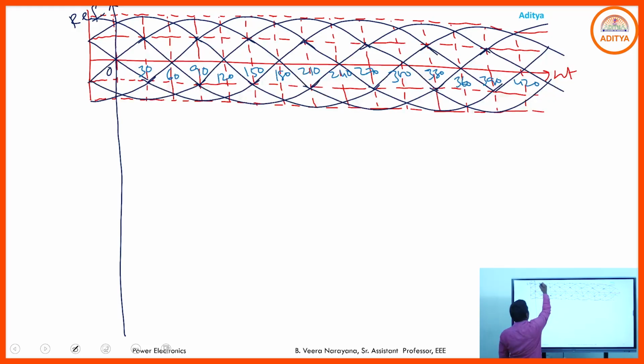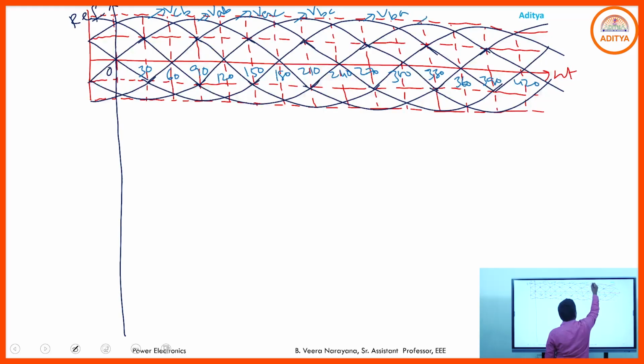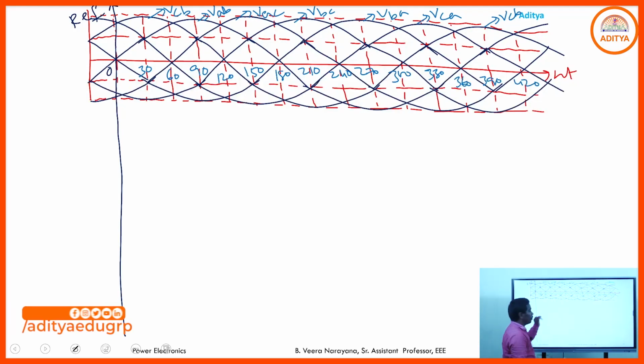And the first portion represents VAB, VAC, VBC, VBA, VCA, VCB. So these are the line voltages.